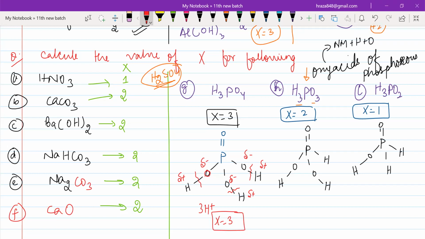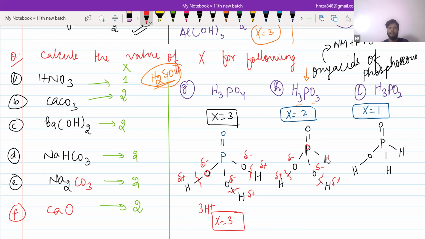Yes, sir. Now see, delta negative, delta positive. These bonds are easily breakable, but the electronegativity difference between phosphorus and hydrogen is not that much.